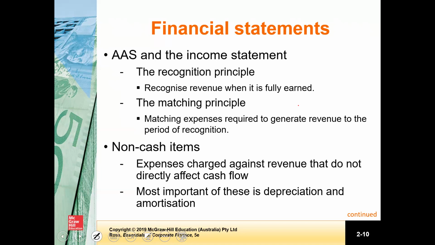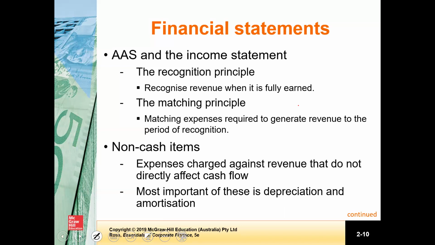Similarly, expenses are shown on the statement of profit or loss based on the matching principle. The basic idea here is to first determine revenue as described in the recognition principle and then match those revenues with the costs associated with producing them.